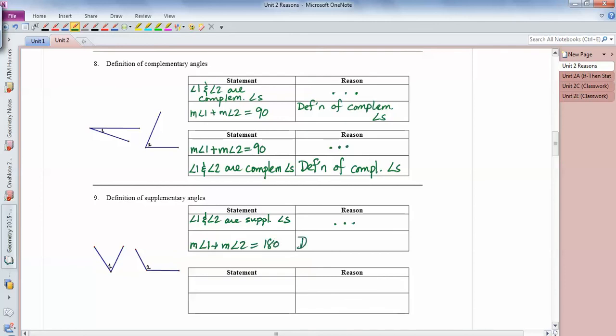And that's because that's what supplementary angles are. Definition of supplementary angles. And then over here, in the second version of it, you could have started with 1 and 2 already equal 180 for whatever reason. Well, if that's the case, then that means that 1 and 2 must be supplementary angles.